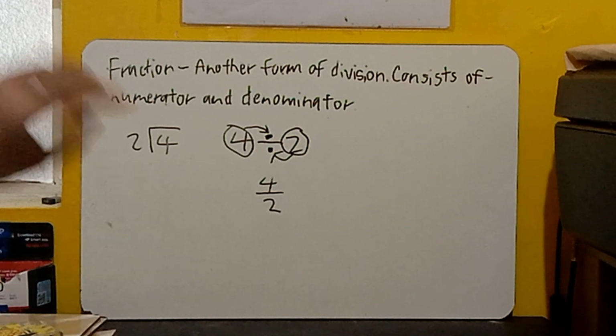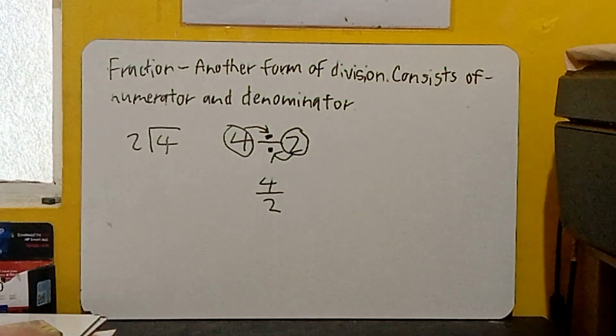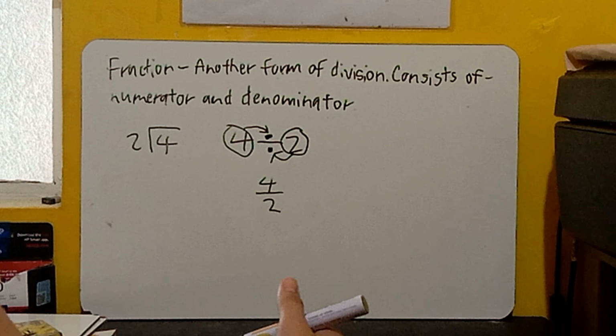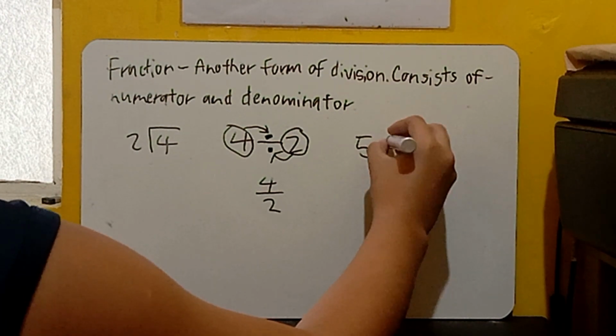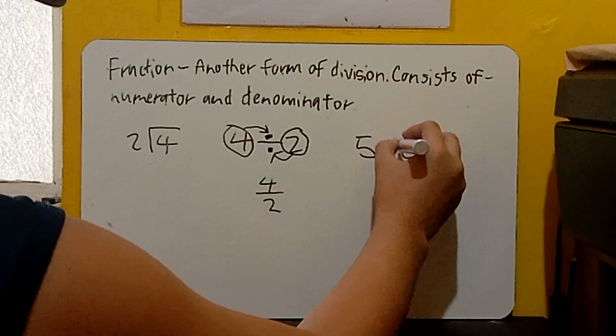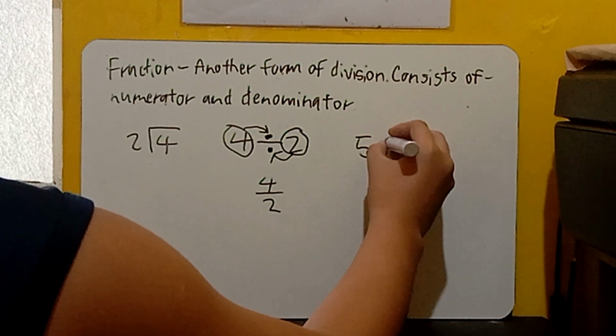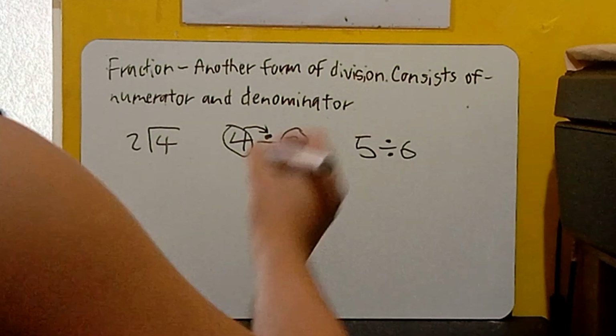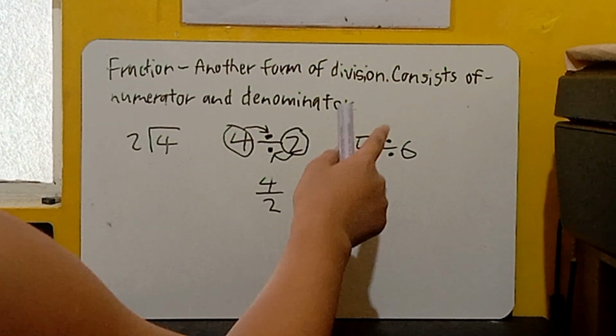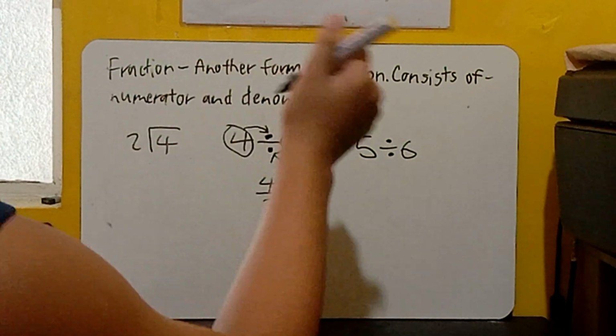So yeah, fraction is another form of division. So what if we have 5 divided by 6? Okay, 5 divided by 6. What is the fractional form of this?